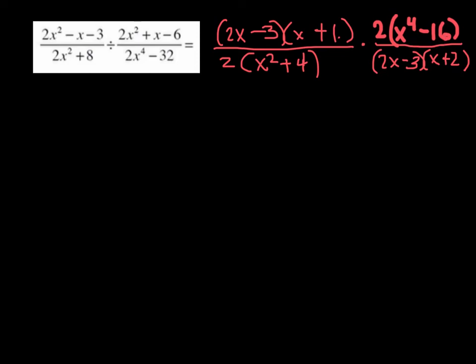So let's cross off what we can at this point. I know that my 2x plus 3 and minus 3 factors can cancel, and I know this 2 can cancel.